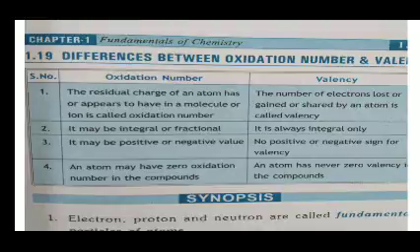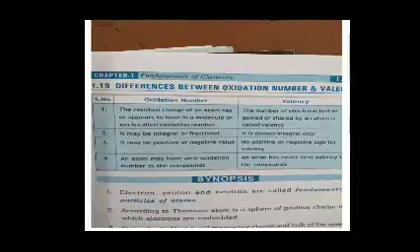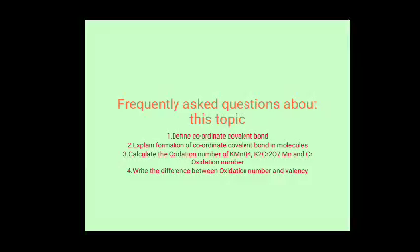Valency is always integral only. Oxidation number may be a positive or negative value. Valency has no positive or negative sign. An atom may have 0 oxidation number in a compound. An atom never has 0 valency in compounds. These are the differences between oxidation number and valency.